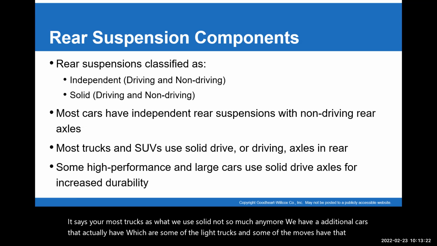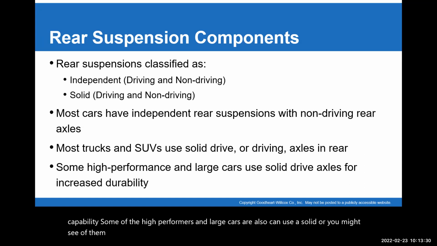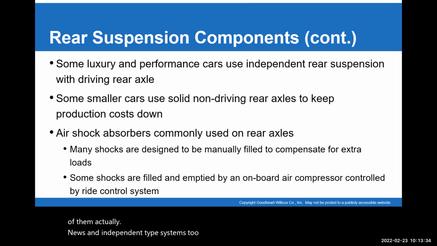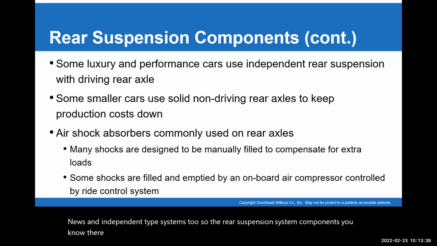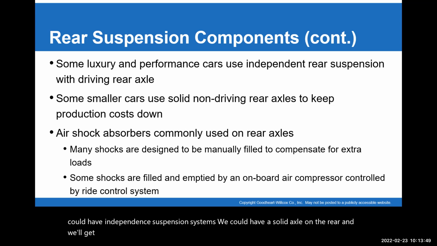Some of the high performance and large cars also can use a solid axle, or you might see some of them use an independent type system too. So the rear suspension system components depend on what kind of car you have. We could have independent suspension systems, we could have a solid axle on the rear, and we'll identify that as we go across.